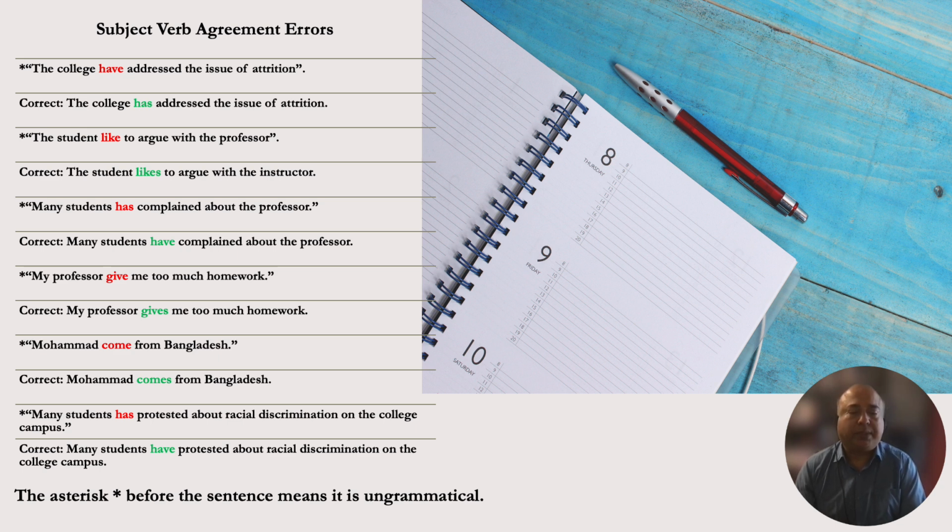So it's a linguistic convention to use an asterisk before an ungrammatical sentence. And that is for the benefit of the reader. So look at all of the examples. I have given you the correct sentences for each ungrammatical sentence, so you can learn how to avoid this type of local error.